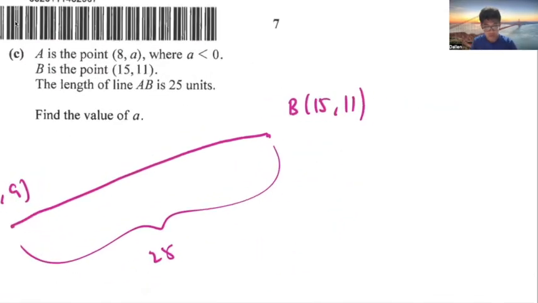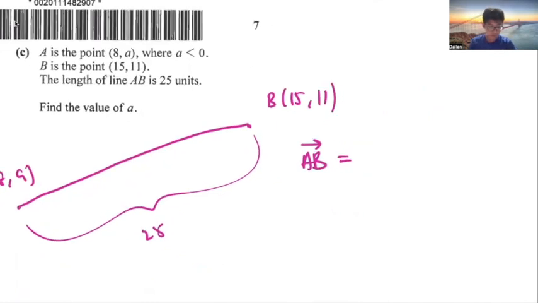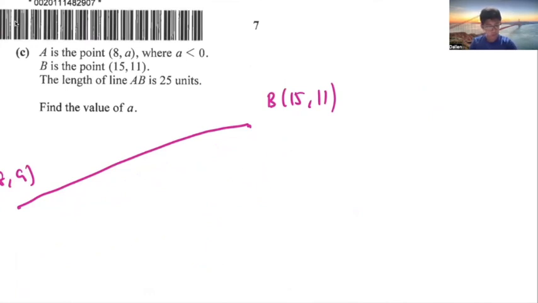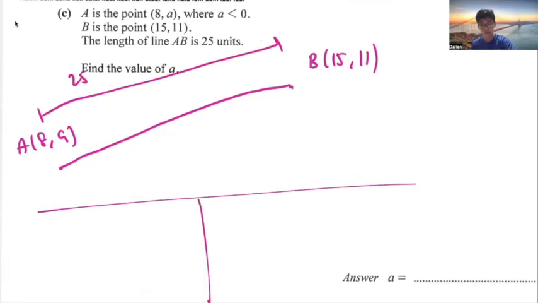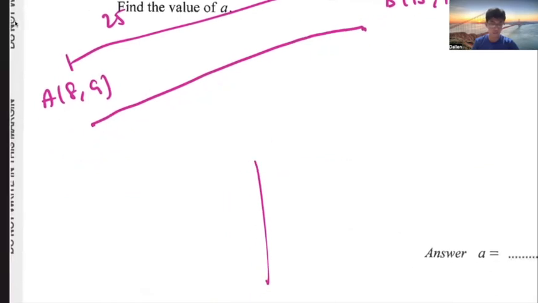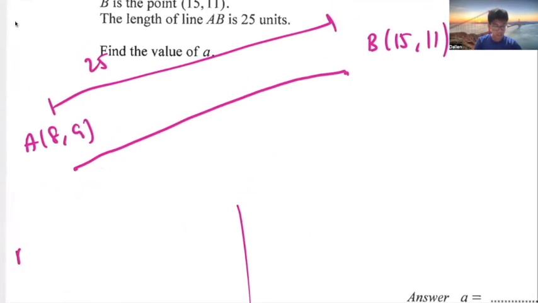We can use vectors. There are two ways to do this. Let me do the more intuitive way first. Both ways are identical, but let me show you. The first way is finding the vector AB. So AB is just this minus this.